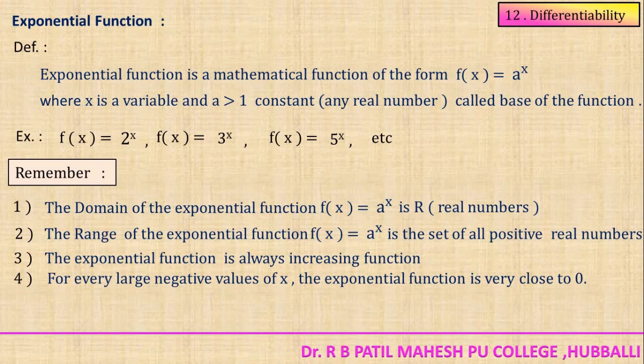That means we say it is very close to 0, because as I said, it never gives you 0 value. For any x, it is always very close to 0 or more than 0.